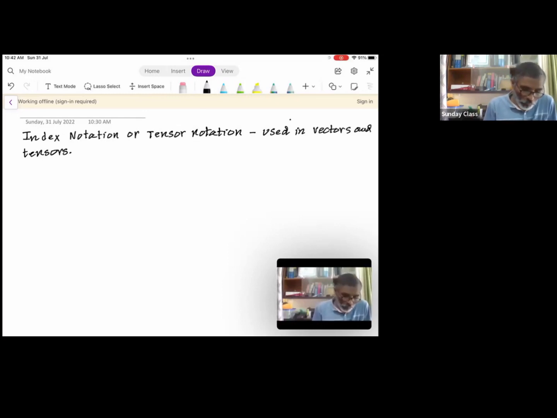Okay. So whatever vector that we know, in what all ways is a vector represented? You may say that a vector is represented by A with an arrow on that.